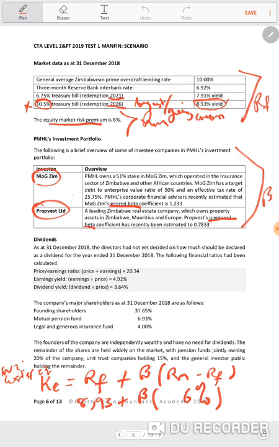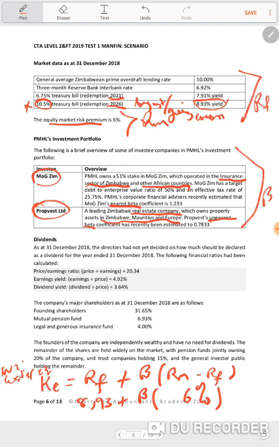Moxim operates in the insurance sector of Zimbabwe and other African countries. All right, so it is sort of similar to PMHL, right? Okay, let's see about PropFest. PropFest is a real estate company which owns property and assets in Zimbabwe, Mauritius, and Europe.